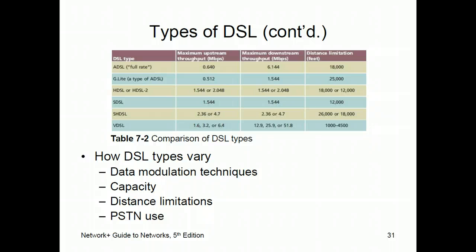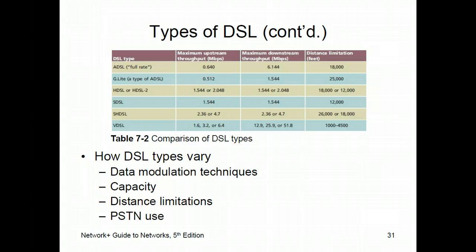So if you look here, let's first look at the maximum upstream. We'll start out at the ADSL, the full rate, 0.640 megabits per second, all the way to the VDSL, 1.6, 3.2, and 6.4 megabits per second, maximum upstream.